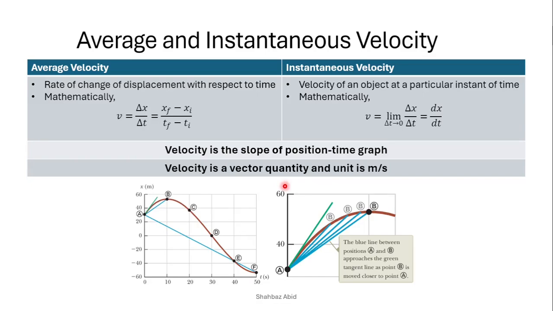As I have mentioned, the position-time graph slope can be positive, which means I'm moving forward. It can be a negative slope, which means I'm moving backward, and if it is constant, it means I'm at rest. So the slope is equal to the velocity.